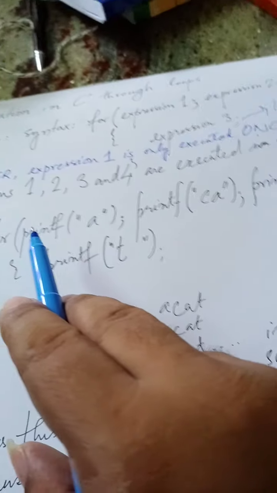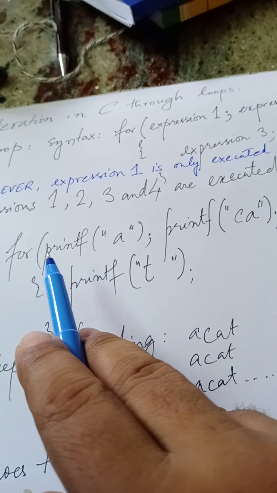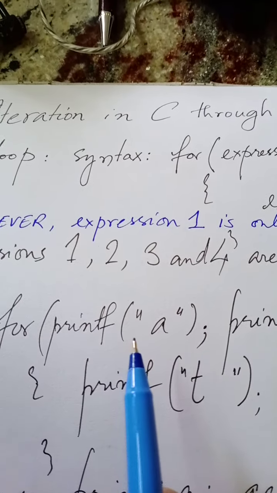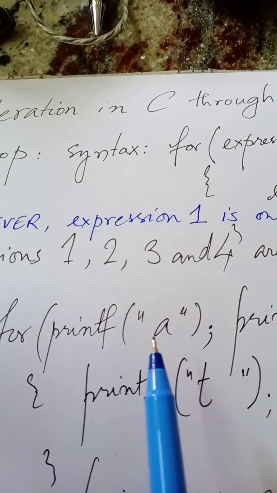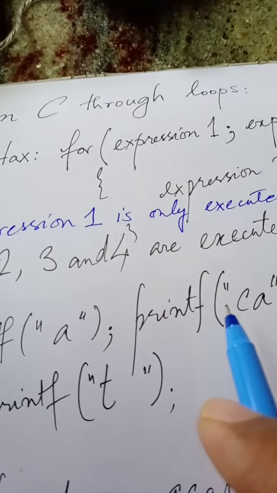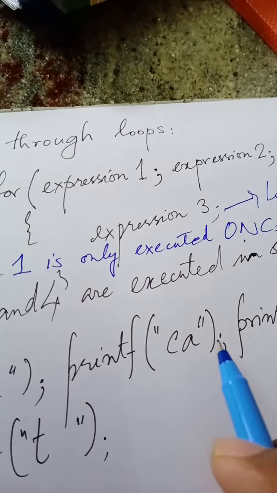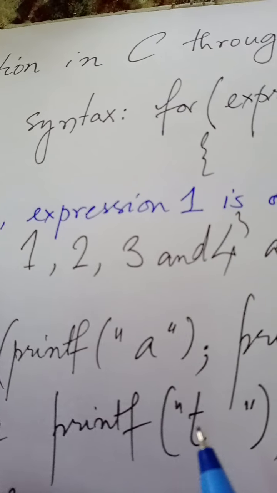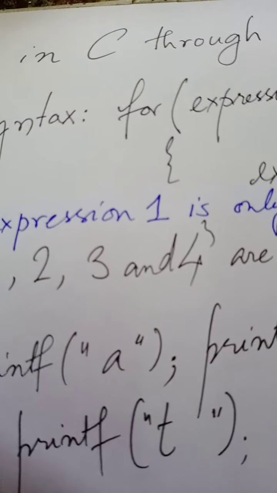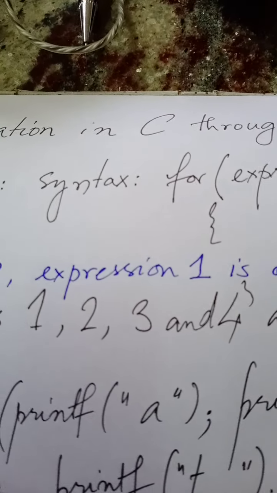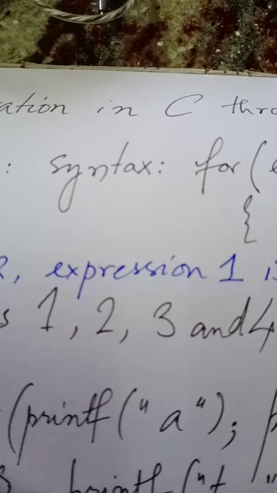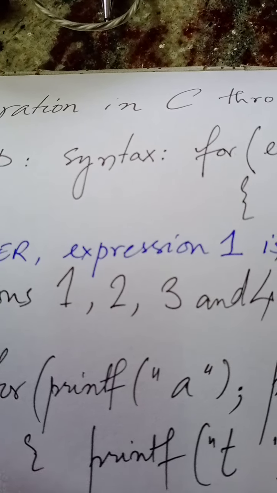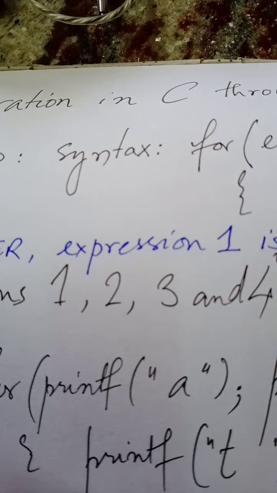So when you have a statement printf A, printf C A, printf new line, and in the loop body you've got printf T, then we will have the first statement, printf A, executed.